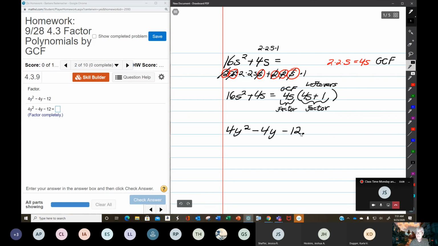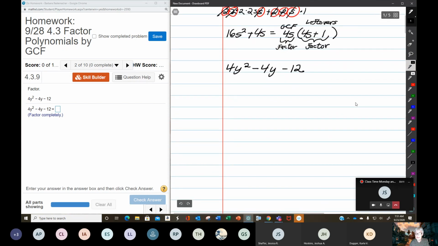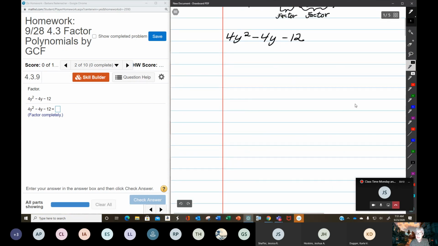Now notice, if you're looking at this, and if not, then I'll just tell you, that the instructions say factor. They don't say solve. At no time are we going to be finding out what y equals. Not today anyway. All we're doing is taking this down into its component parts.